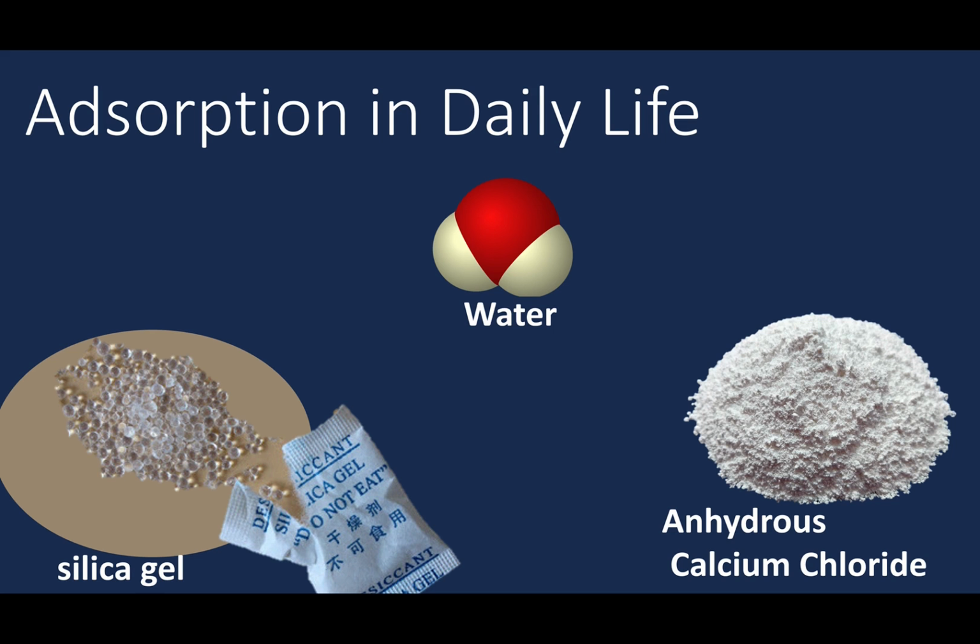So that is the difference between anhydrous calcium chloride and silica gel. In silica gel, the silica gel is the adsorbent and water is the adsorbate. As you can see, in silica gel it is adsorption and absorption is taking place in anhydrous calcium chloride.